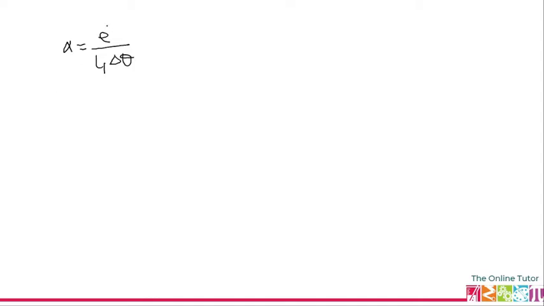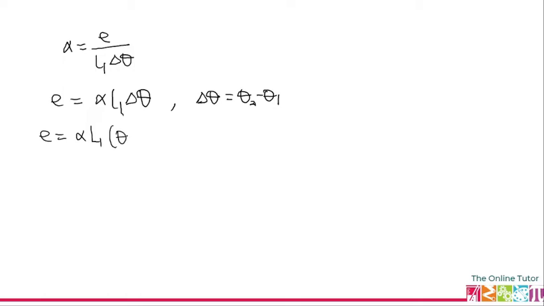If we make the extension, or the increase in length, the subject, we have E equal to alpha multiplied by the initial length multiplied by the change in temperature. We know that change in theta is equal to theta 2 minus theta 1. So we have our extension equal to alpha L1 into bracket theta 2 minus theta 1.